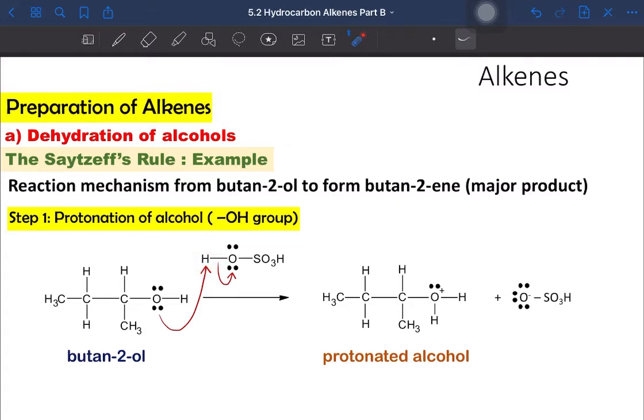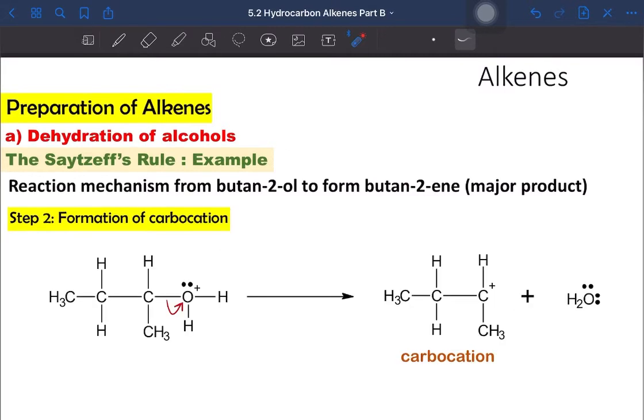So this alcohol will form a bond with this hydrogen, and it will become protonated with a positively charged oxygen here. It will leave the acidic catalyst with a negative charge here, and this acid catalyst will be used again in step 3 later on.